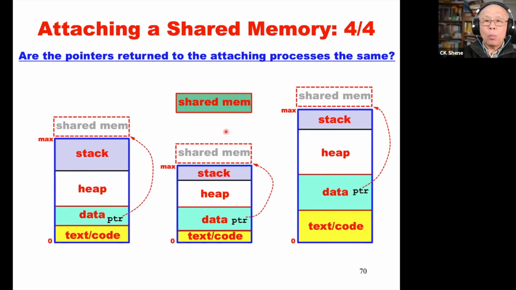So a process's address space will be divided into multiple pages. A page table of that number of pages will be allocated somewhere in the system. So your address will be translated using that page table to find the actual page that contains the information in your program. So a shared memory is also divided into pages.